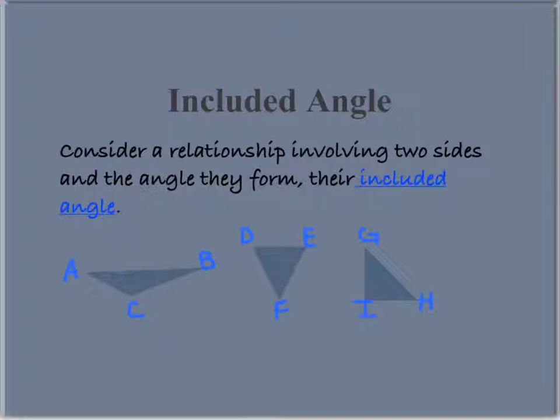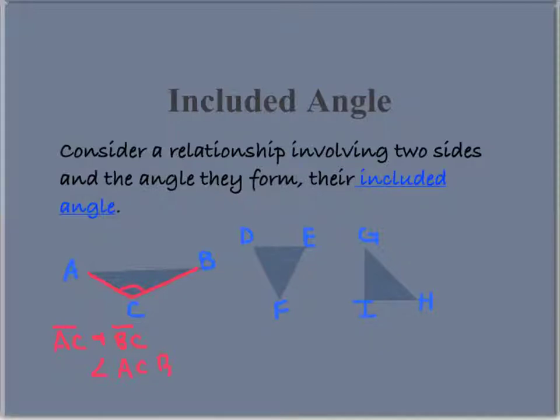If we look at the first triangle, at side AC and side BC, the included angle is angle ACB.